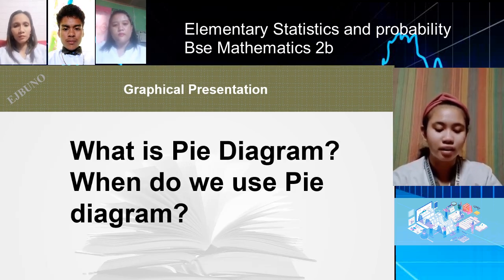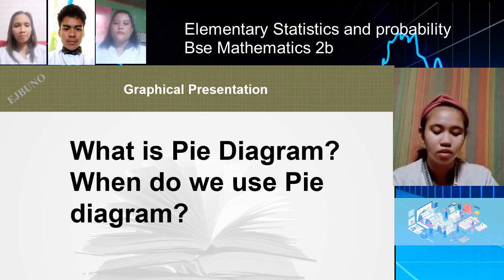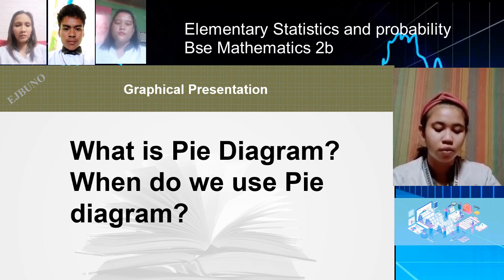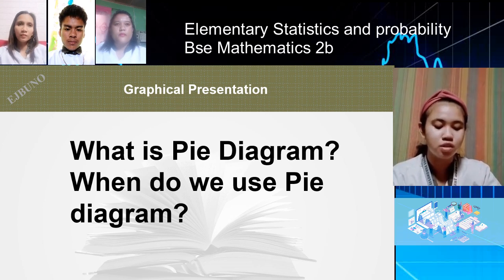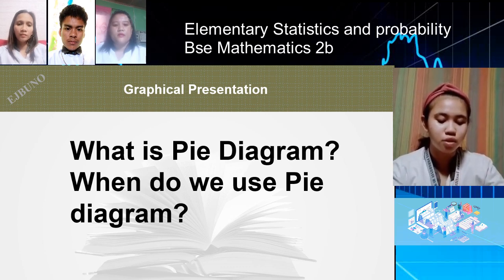What is a pie diagram? It is a circle in which different components are represented through the sections or portions of a circle. To draw a pie diagram, first the value of each category is expressed as a percentage of the total, and the angle of 360 degrees is divided in the same percentages.